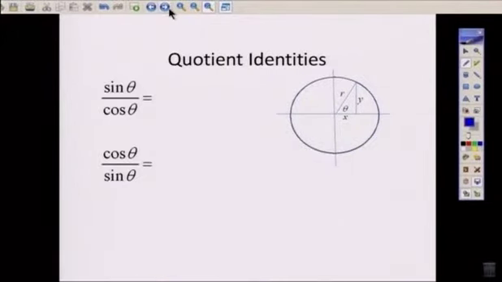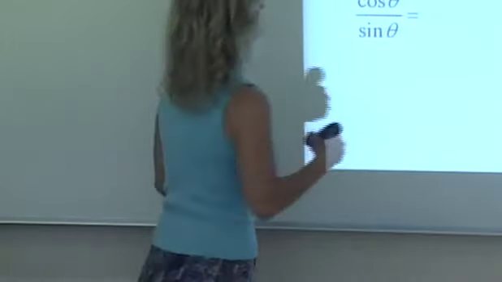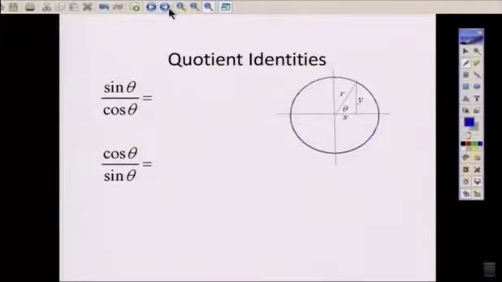Next, we have what are called the quotient identities. To discover the quotient identities, sine theta is y over r. We're going to divide that by cosine theta, which is x over r.